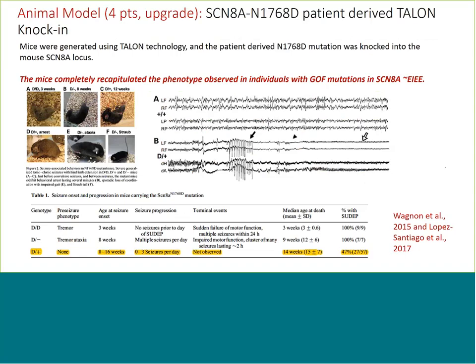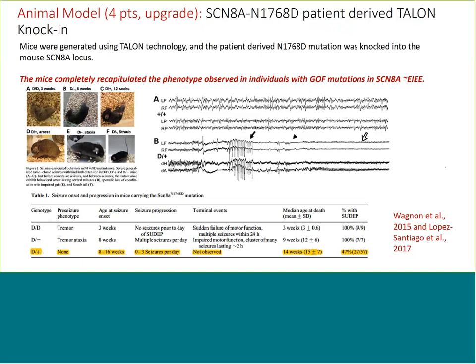So this is another animal model. I think, well, Courtney, that was me. Yes. So what we did was, this is an animal model. It's a mouse animal model. And what it is looking at is the gene SCN8A, which is implicated in early infantile epileptic encephalopathy.